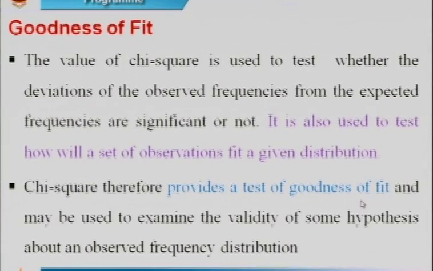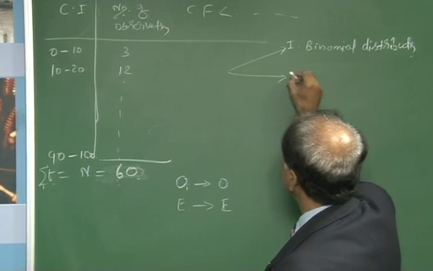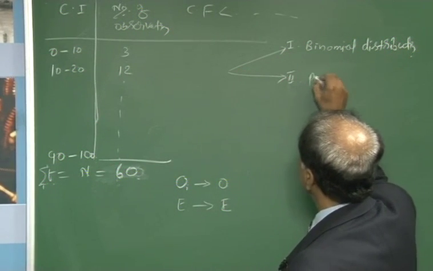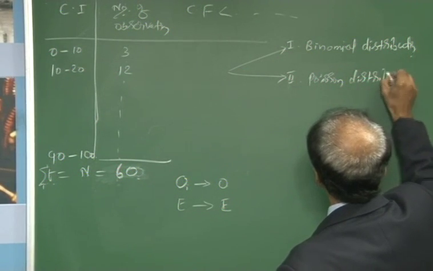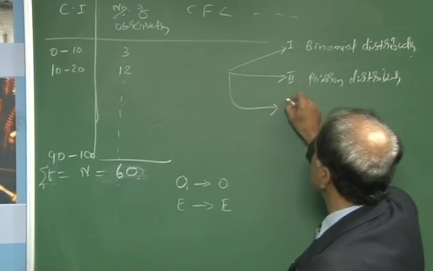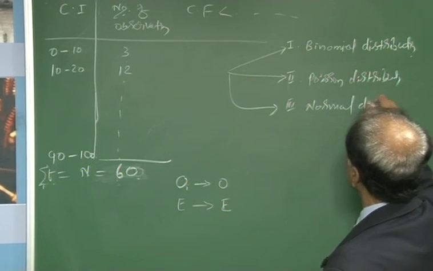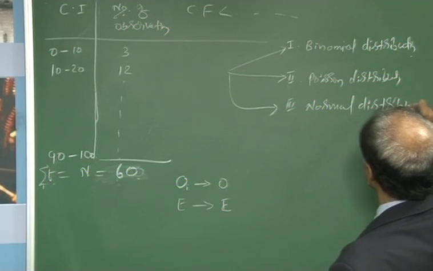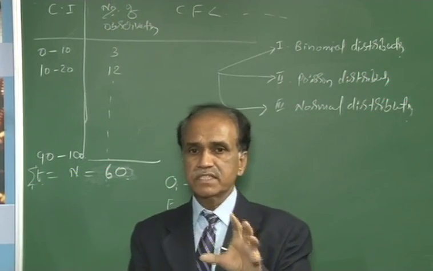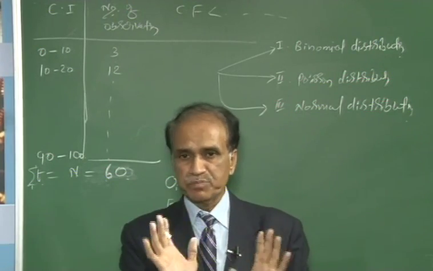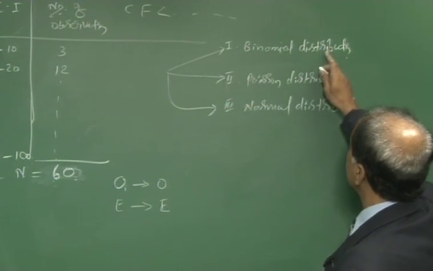For the first case we discuss binomial distribution, second case Poisson distribution, and third case normal distribution. Dear students, you know all these three equations and you have studied them earlier to this chapter. Now, let me give a reminder, that is binomial distribution.